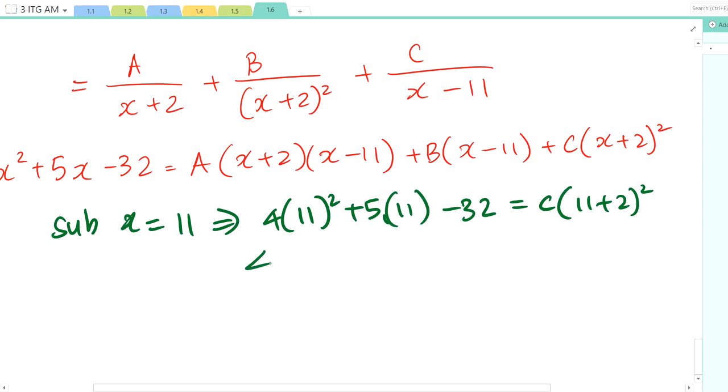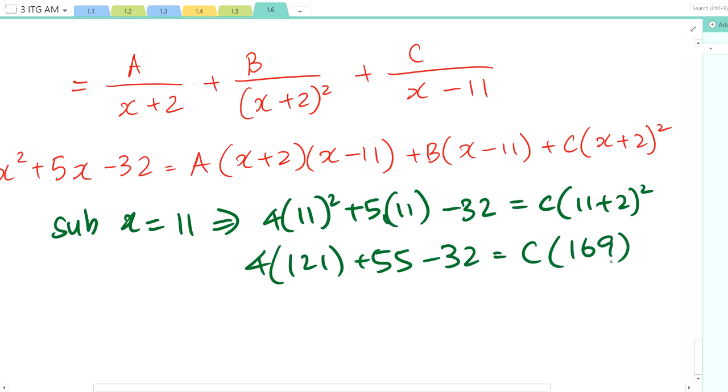Okay, so 4 times 121 plus 55 minus 32 equals C times 169. This tells me that C is equal to 3. So this value over here will be actually 3.